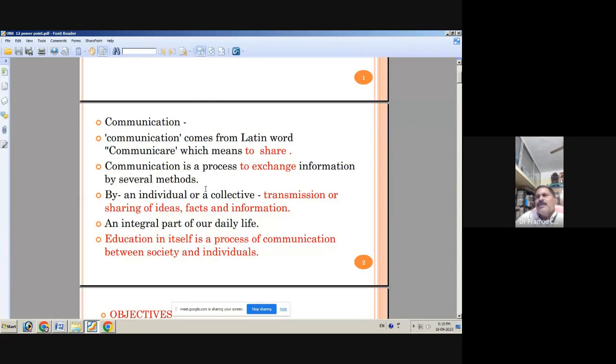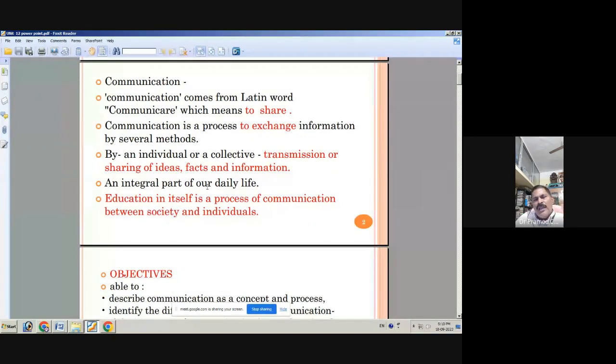You all know that communication is a process, and the word itself comes from the Latin word communicare, which means to share. So communication is a process where we can share or exchange information, and we can use several methods to communicate our ideas, thoughts and feelings to others.